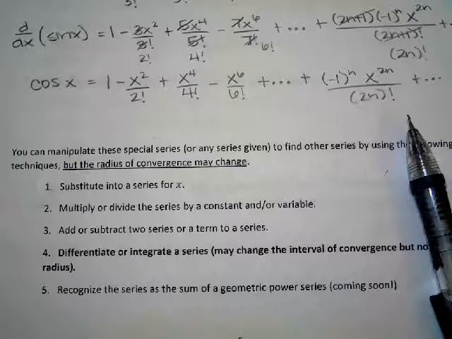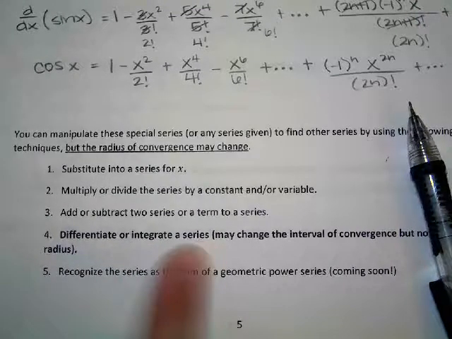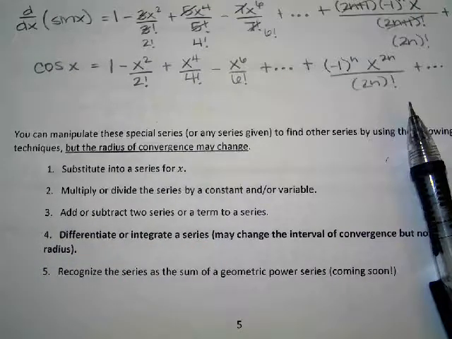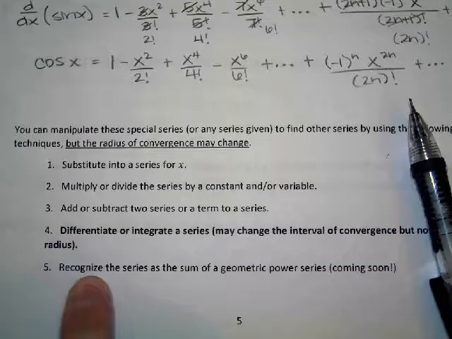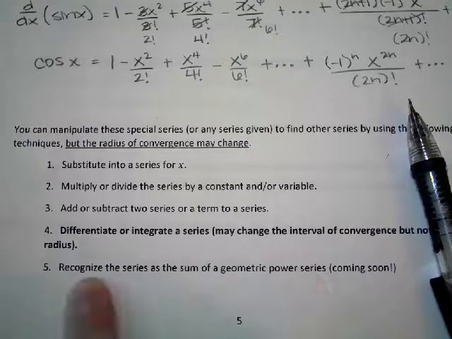It would be obnoxious. Now we learned that you can differentiate or integrate a series by taking all the terms and differentiating all the terms and integrating all the terms. And then last, you can recognize a series as a sum of a geometric power series, which we will get to later. We're not doing that today. Now when you do all these things, the radius of convergence may change.